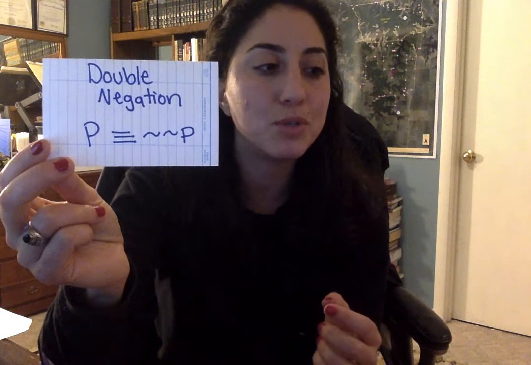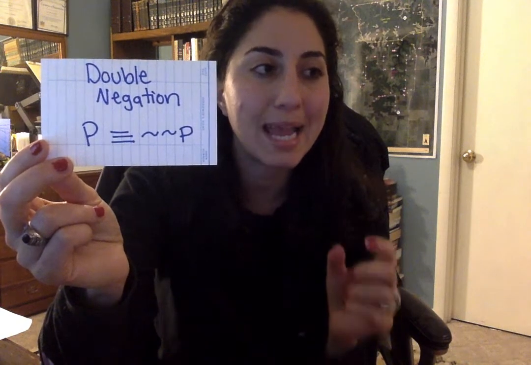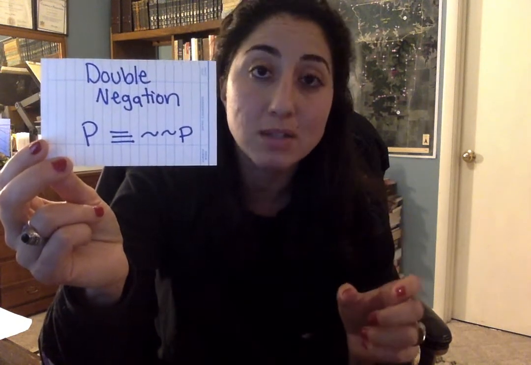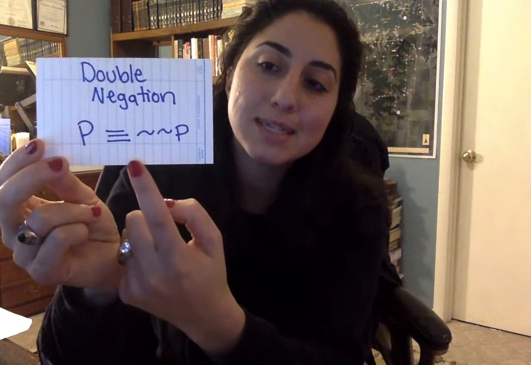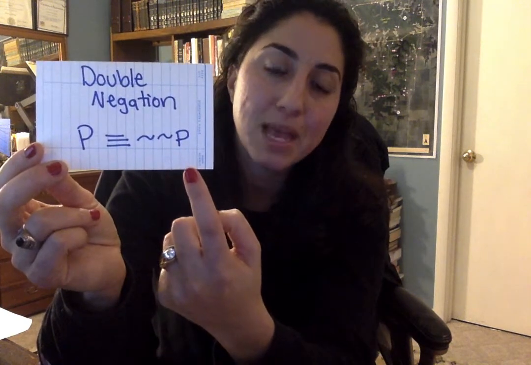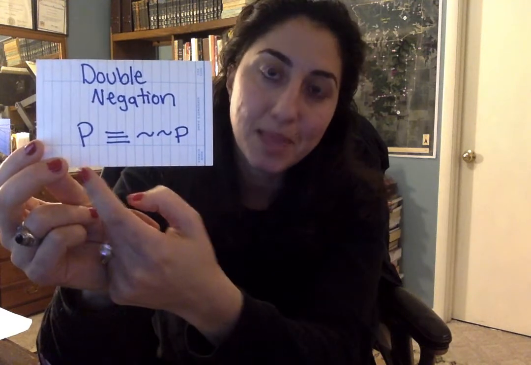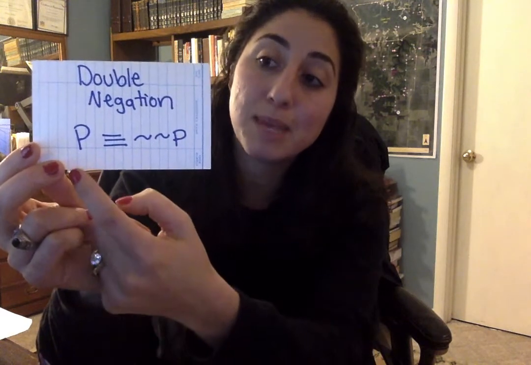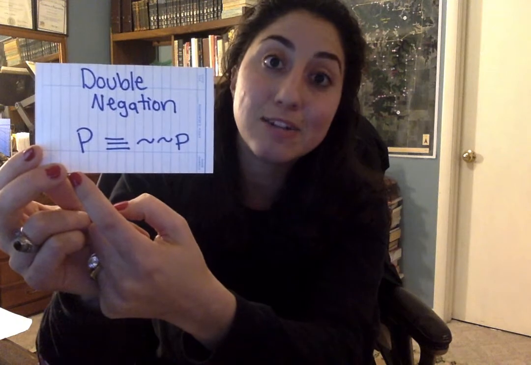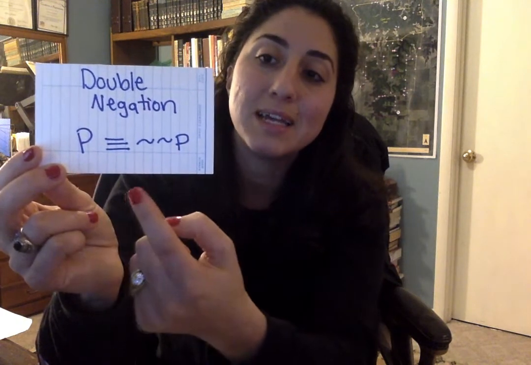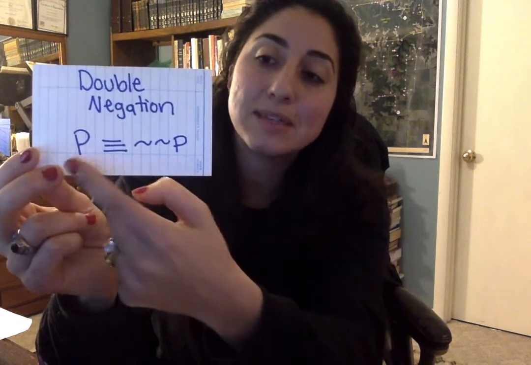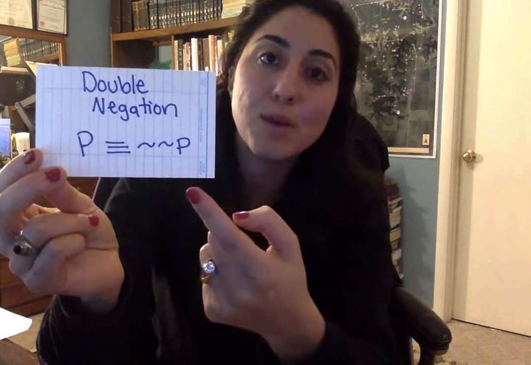But when you ask, is my answer true or false? If it's true when I say tilde tilde P, it will necessarily be true when I say P. And if it's true when I say P, it's necessarily true if I said tilde tilde P, because these are logically equivalent.